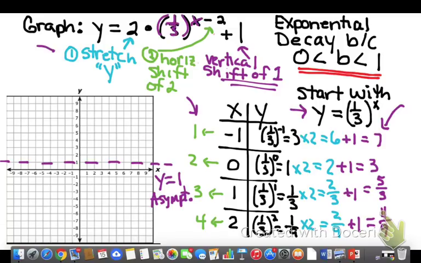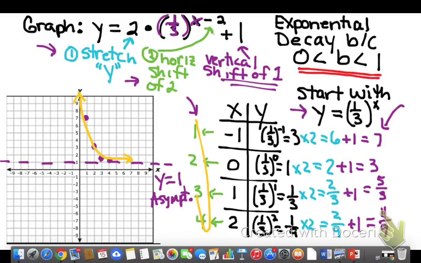Then we did the stretch of 2, so that gave me the blue values. Then we did the horizontal shift that also happened to be 2, and that gave us the green values. And then our purple values came from the vertical shift of 1. So we're going to plot those.